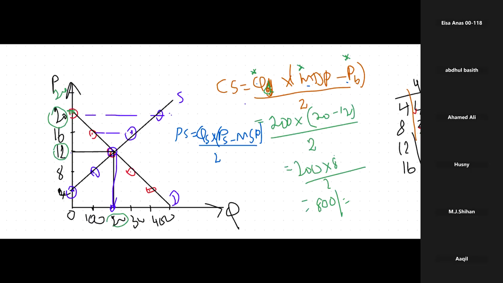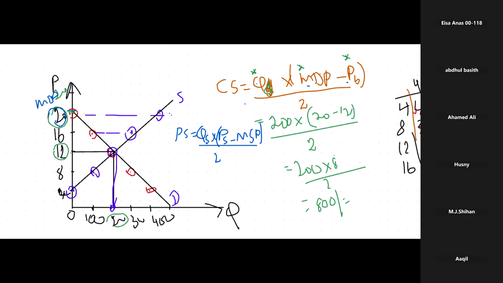Consumer surplus: QD into maximum demand price minus buyer's price, over 2. Producer surplus: QS into seller's price minus minimum supply price, over 2. Now listen, this 20 is the maximum demand price, wherever the demand curve cuts the price axis.